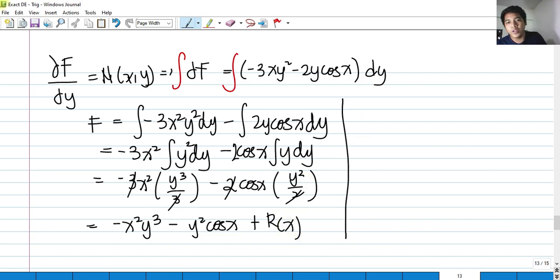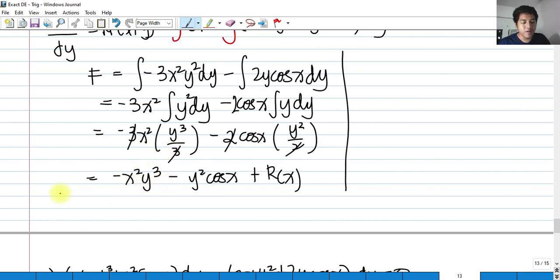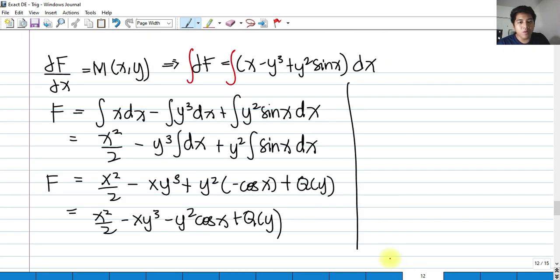Now it's time to equate the two f. So we have this second f. Therefore we have negative x squared y cubed minus y squared cosine of x plus r of x. Okay, and that is equivalent to our value here of f. So let's go back.